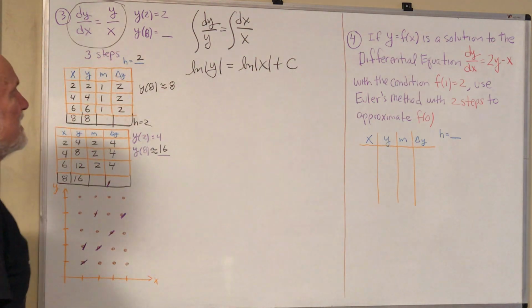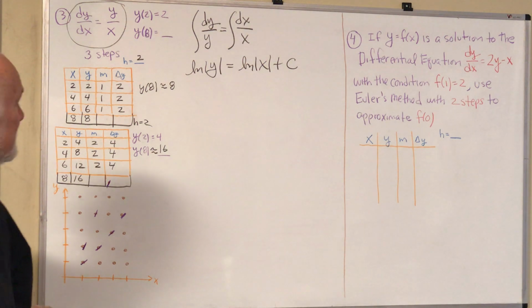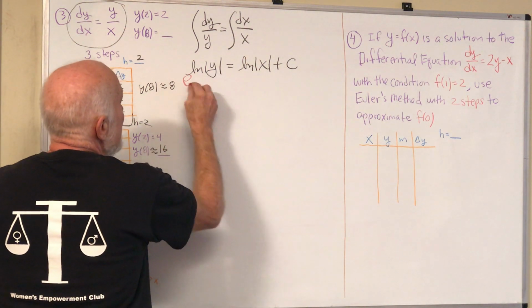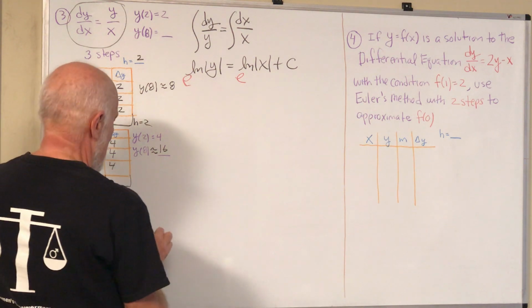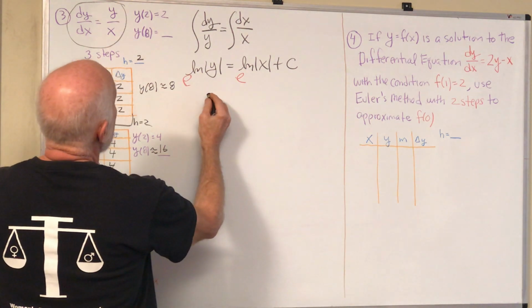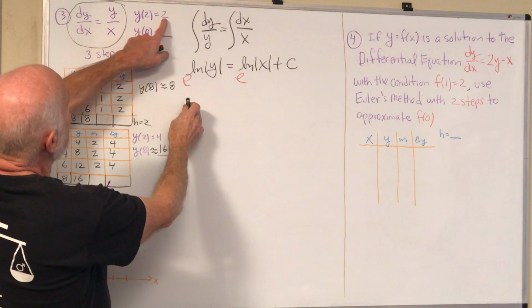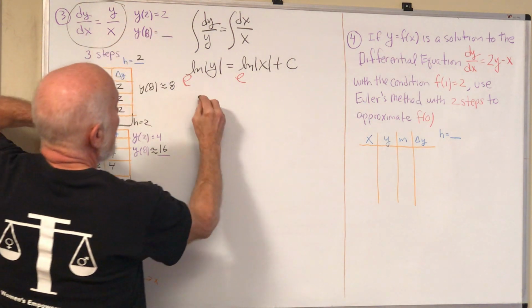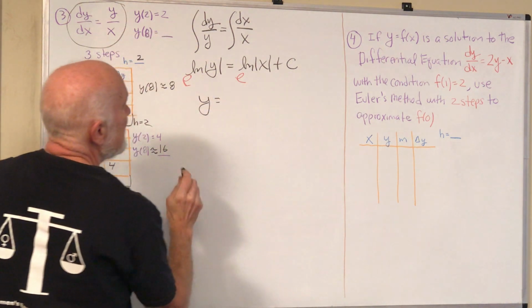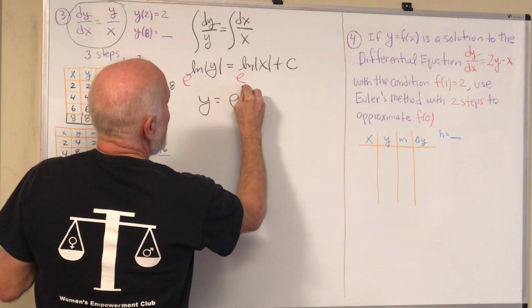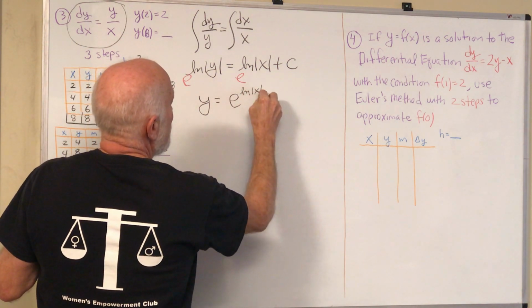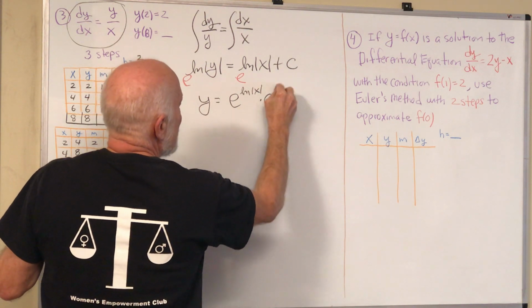I get that. And now I want to take e to both sides. And this is going to be the absolute value of y. But again, we're talking about positive values of y, so I can just call it y. And this is e to the natural log of the absolute value of x times e to the c.